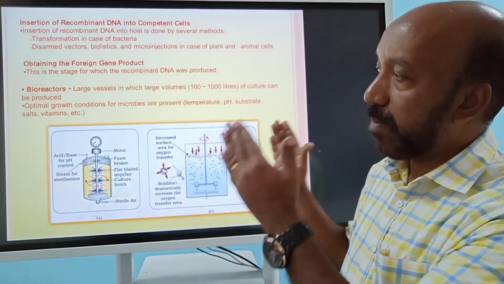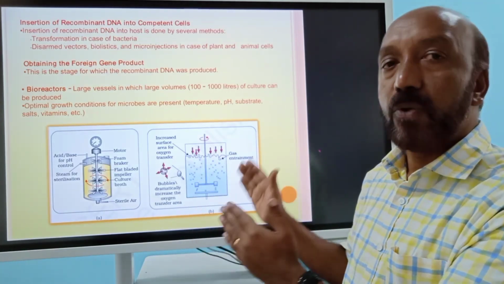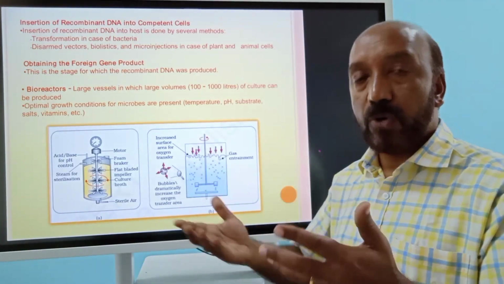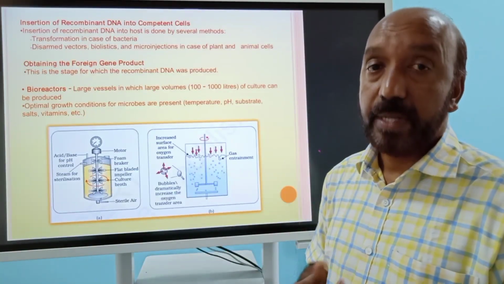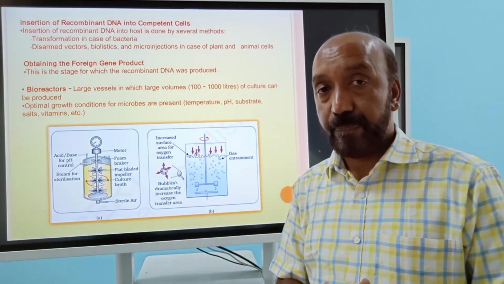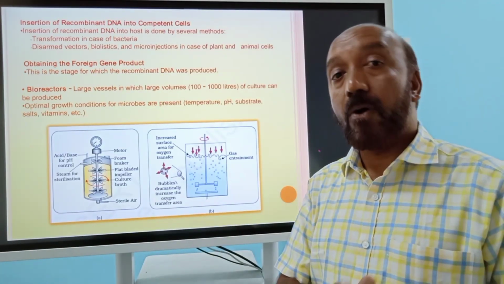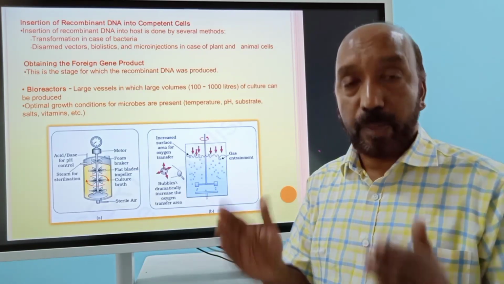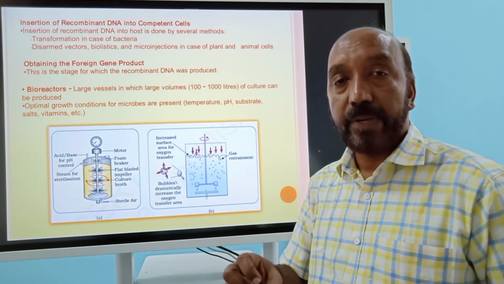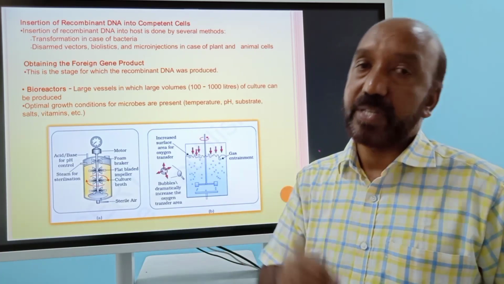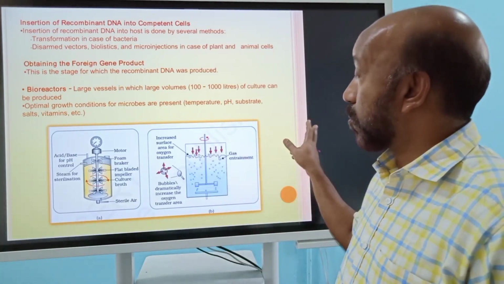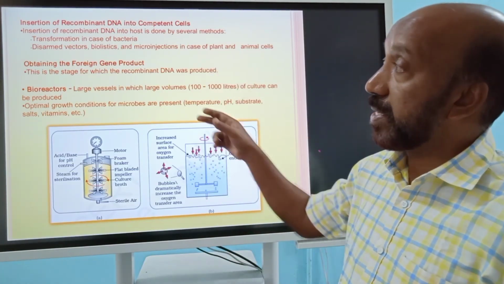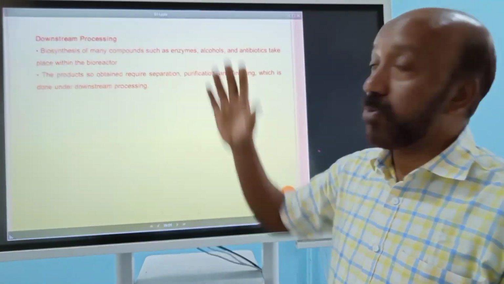This kind of bioreactor is what we use for culturing them, thereby to get the product. The last step is how to get the product, because the culture contains many different chemical products, from which we want to identify the product of our gene of interest. This process is normally called downstream processing.